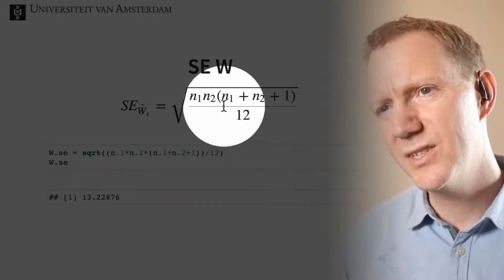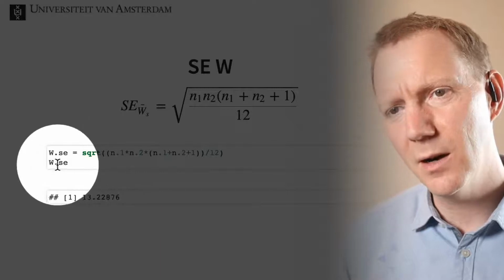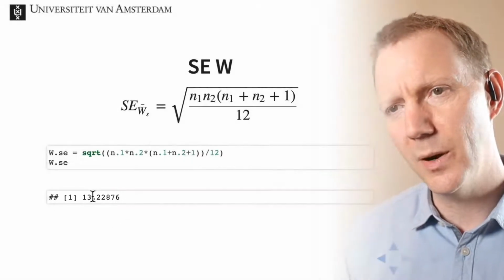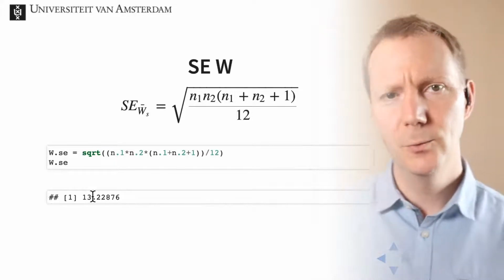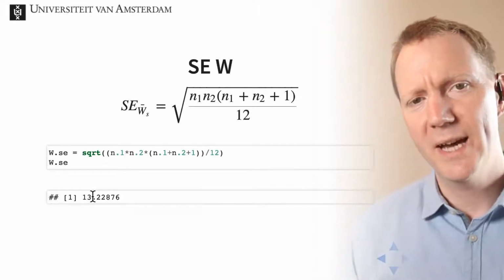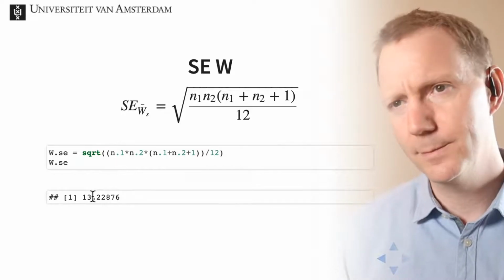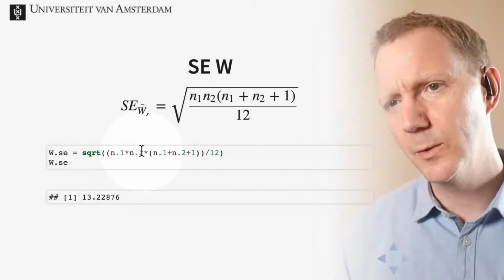So we apply this, take the square root in R, which will yield the standard error for this part. And with these pieces of information, we have enough to calculate a z-score. And that is what we'll do.